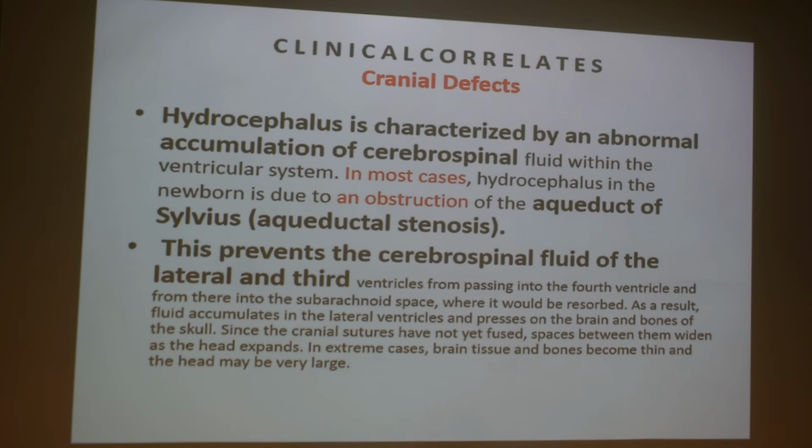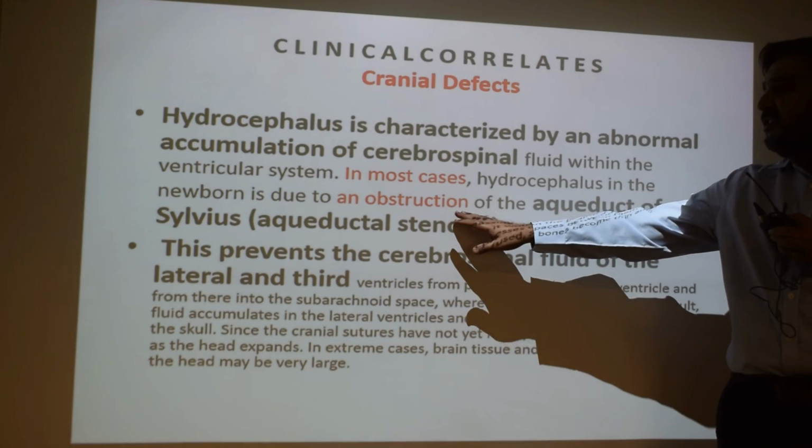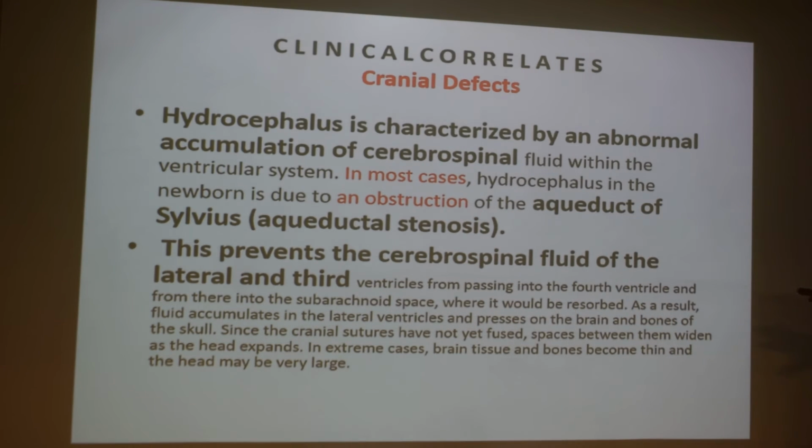Hydrocephalus is characterized by an abnormal accumulation of cerebrospinal fluid within the ventricular system. In most cases, it is characterized by an obstruction of the aqueduct of Sylvius, so it's an obstructive type of hydrocephalus.